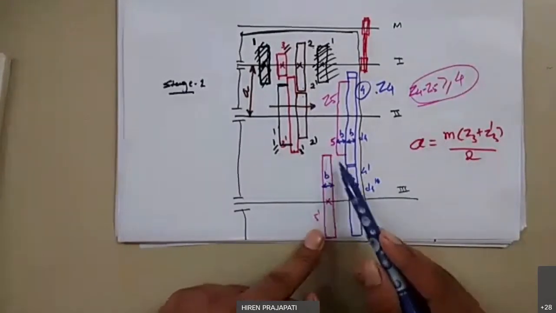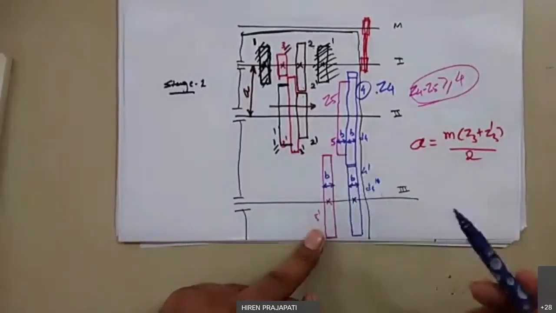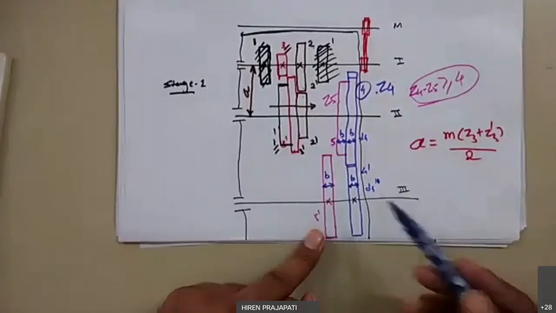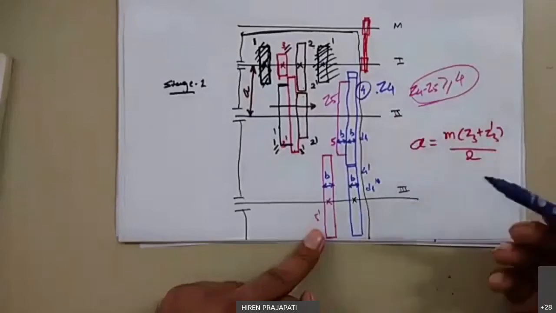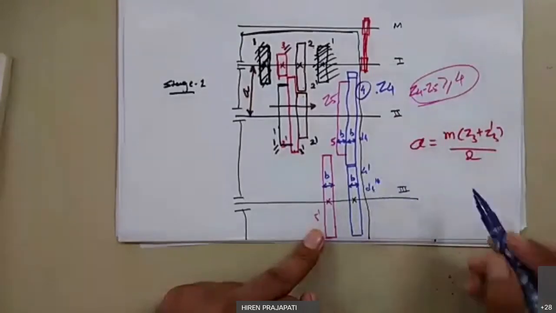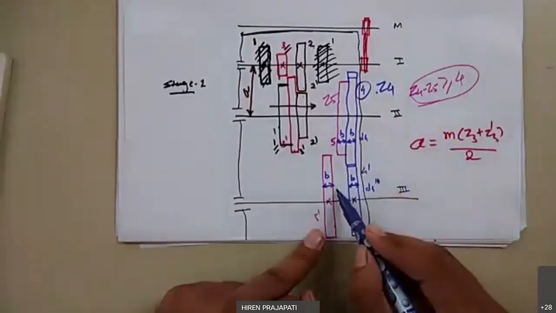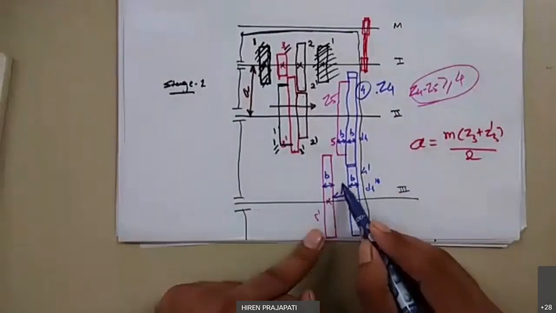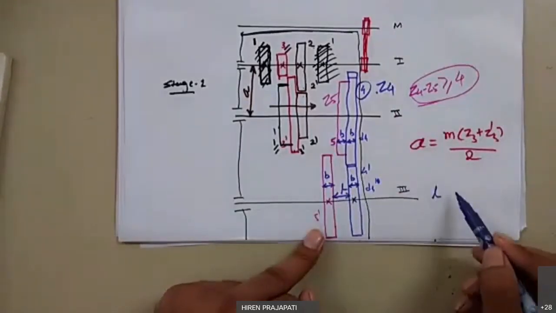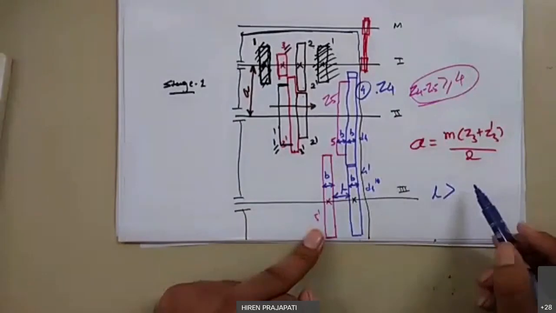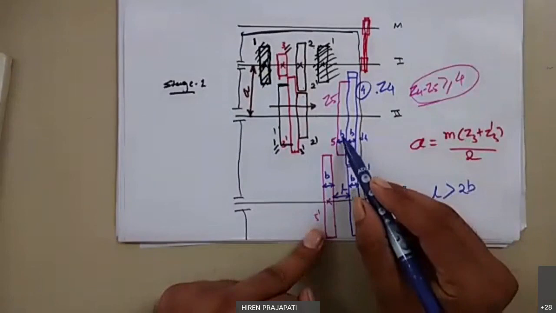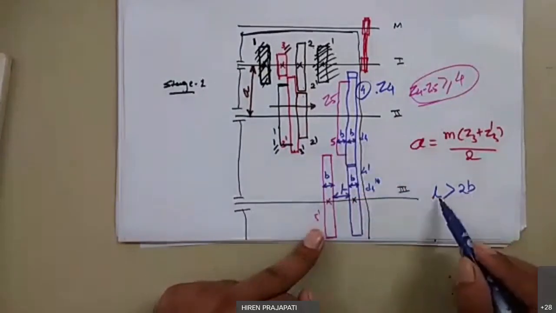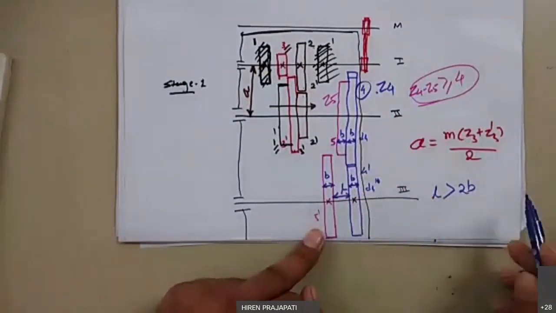Otherwise, because both the gears are rotating with different RPMs, it is not possible to rotate the shaft with the combined speed, right? So for that, the condition is this gap. If I call this gap L, then L should be greater than 2 times B. If the widths are B1 and B2, then it should be greater than B1 plus B2.